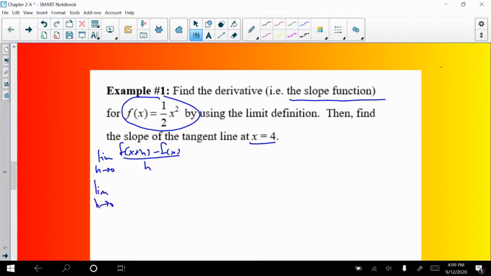Limit as h approaches 0 of f of x plus h, so it's 1/2 times x plus h squared, right? So really you're just inputting, instead of an x, you're inputting x plus h. Minus f of x, so 1/2 x squared all over h.